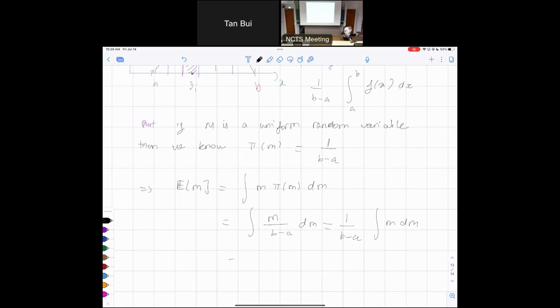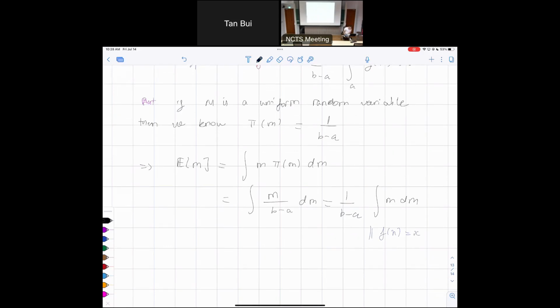This is nothing more than thinking about f of x equal to x, or f of m equal to m. This is nothing more than the expectation of f of x, or f of m, and it's actually an average.